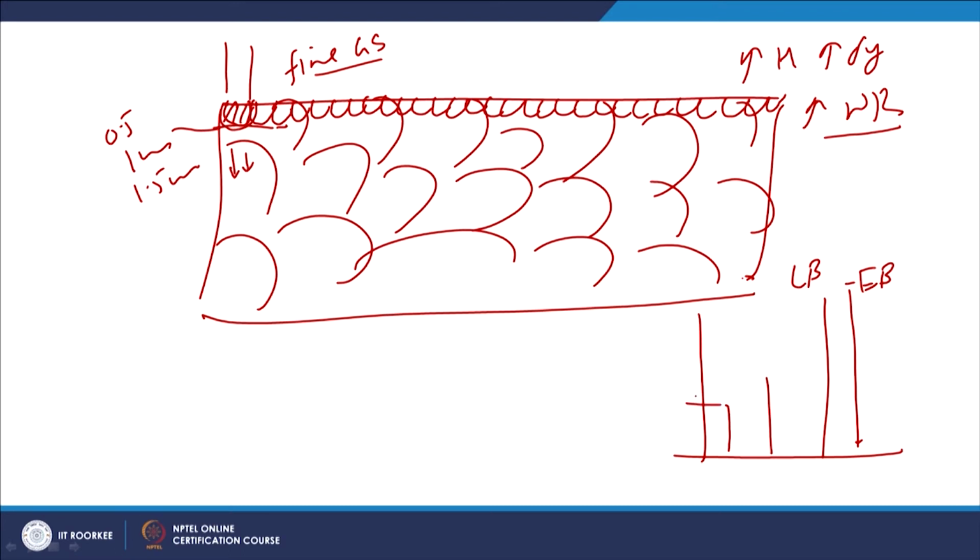Like TIG arc may offer 10 to the power 3 or so, 10 to the power 5 or so for a plasma, and then 10 to the power 7 or 8 watt per mm square for the laser and electron beam. So, high energy density processes will require delivering less amount of heat to bring the surface layers up to the molten state, which subsequently, due to the high cooling rate, results in the fine grain structure.